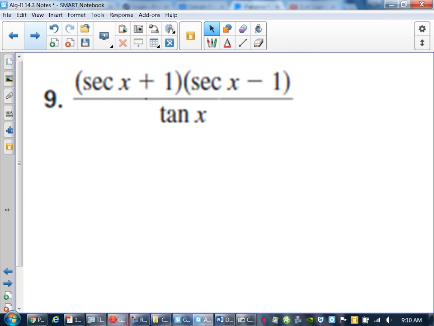Hey, look at the difference between the numerator. You have secant plus 1, secant minus 1. What is that going to equal? Yeah, that's a difference of squares, isn't it? Not junk squared plus junk squared. Junk squared minus junk squared. So, what's the numerator?